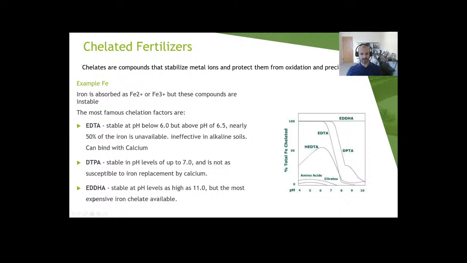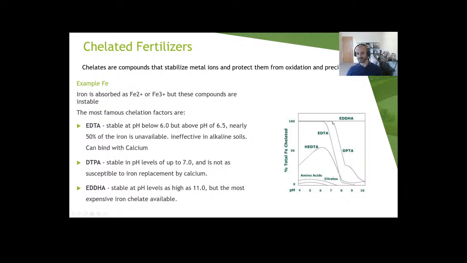For example, an EDDHA chelation factor is probably the best ever, because as you can see in the graph, the concentration of the iron chelated with EDDHA is always 100%, up to 11 pH. So basically all the time. But it's very expensive. DTPA is also good, and is not that susceptible to iron replacement, but is effective only up to 7 pH, as you can see.